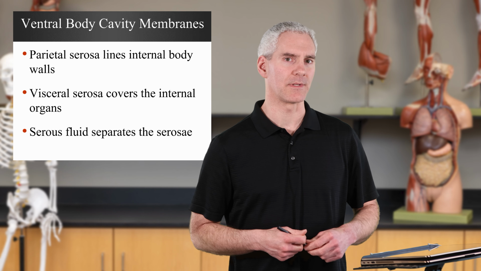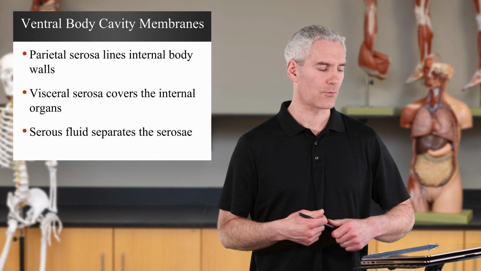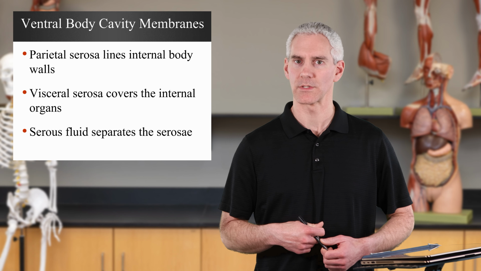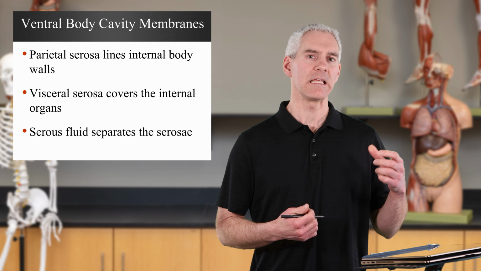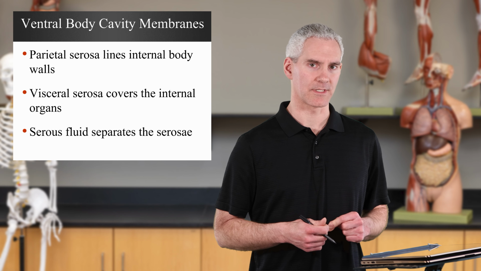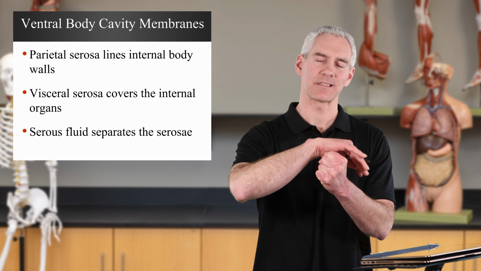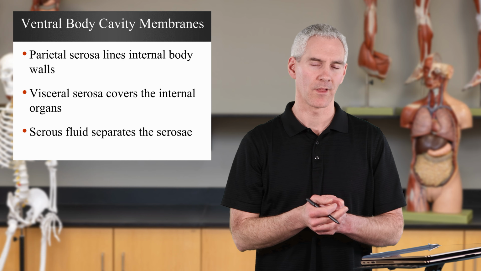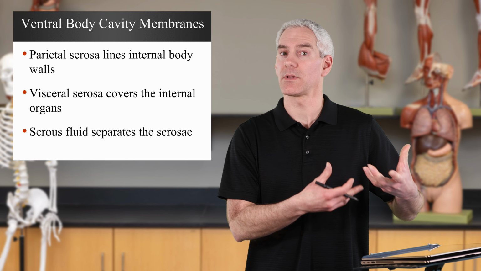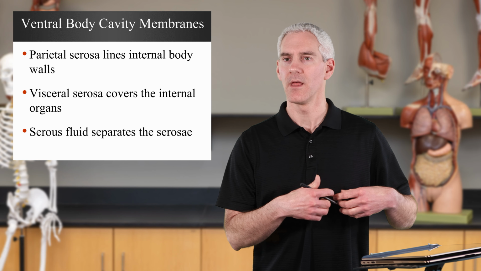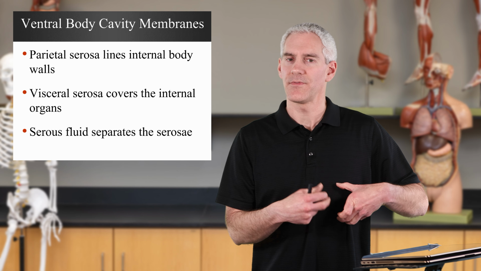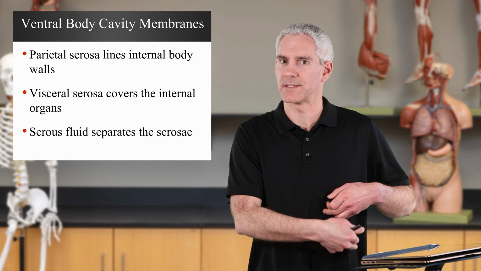And in those compartments, some of them are going to have this parietal and visceral serosa membrane. The parietal serosa is going to be a membrane that lines the outside parts in the cavity. So in the case of, let's say, the pleural cavity, where the lungs are, you have the actual lung, then you have the ribs around it.